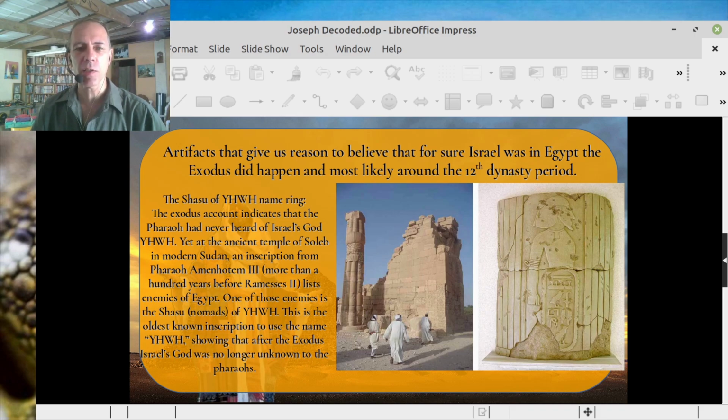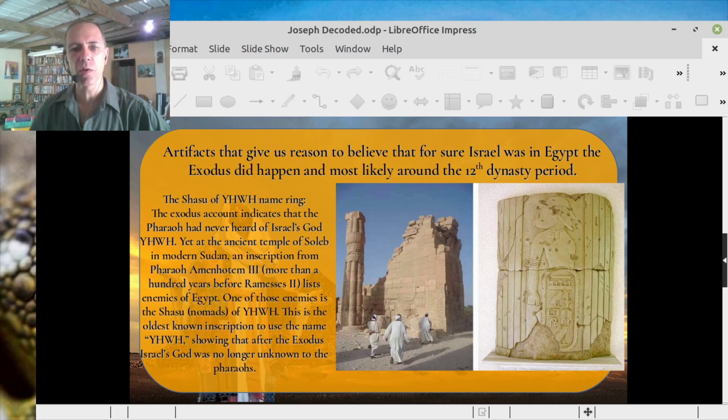Yet the ancient temple of Soleb in modern Sudan has an inscription from Pharaoh Amenhotep III, now we're talking into the period when probably Israel would have been slaves in Egypt, more than 100 years before Ramses II, that lists enemies of Egypt. One of those enemies is Shasu, the nomads of Yahweh.